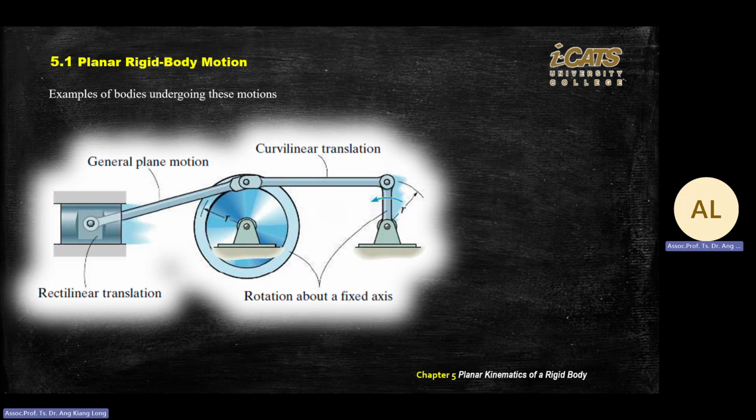But again, in chapter 5, you need to imagine how the body moves. There are two types of fundamental motion: translation, rectilinear motion, or rotation. When they combine, it becomes general plane motion.